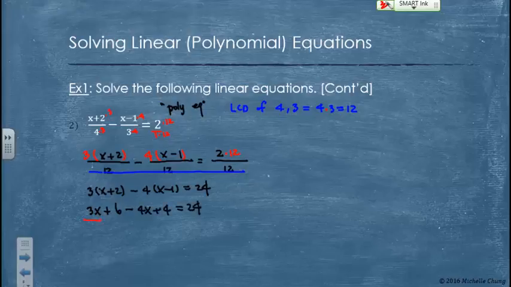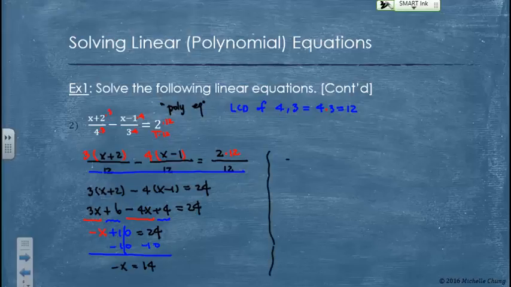Here we have 3x minus 4x, which is negative x, and also we have like terms of the constants, positive 6 plus 4, which is positive 10, equals 24. And then because we have a constant on the left side, we will move it out, subtract, so eventually you will have negative x equal to 14.